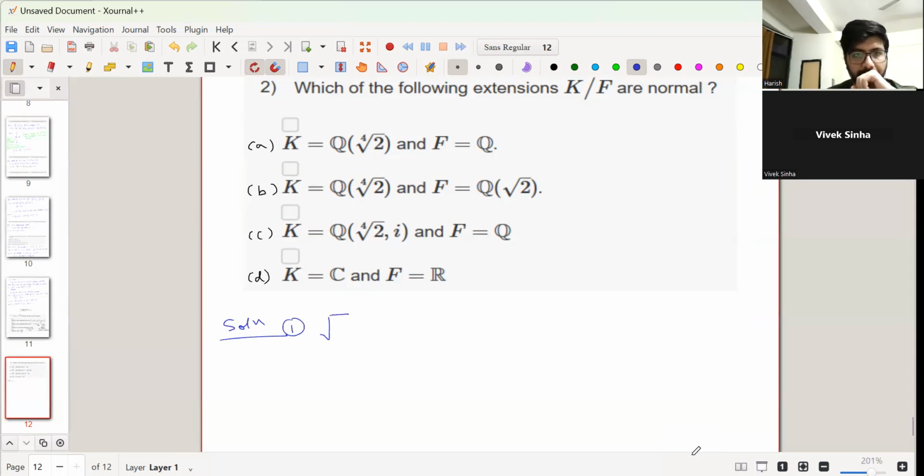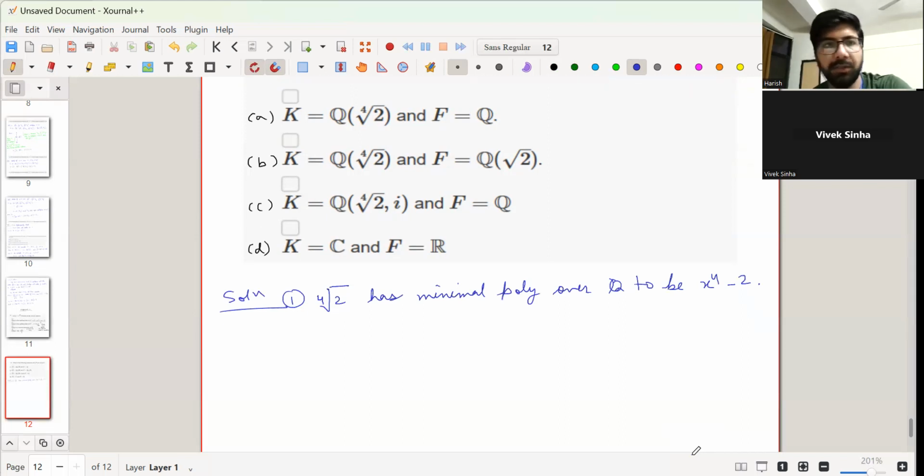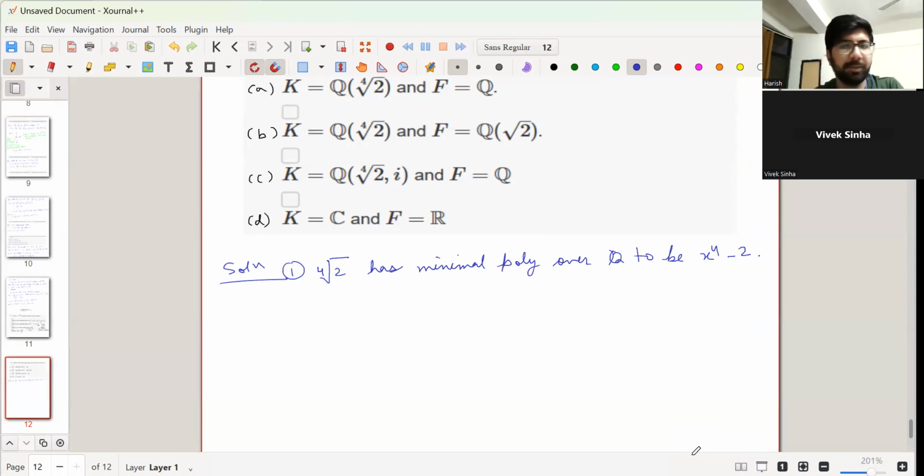The fourth root of 2 has minimal polynomial over Q equal to x^4 minus 2, right? This is the minimal polynomial. It is satisfying this polynomial, and it is irreducible by the Eisenstein criterion.